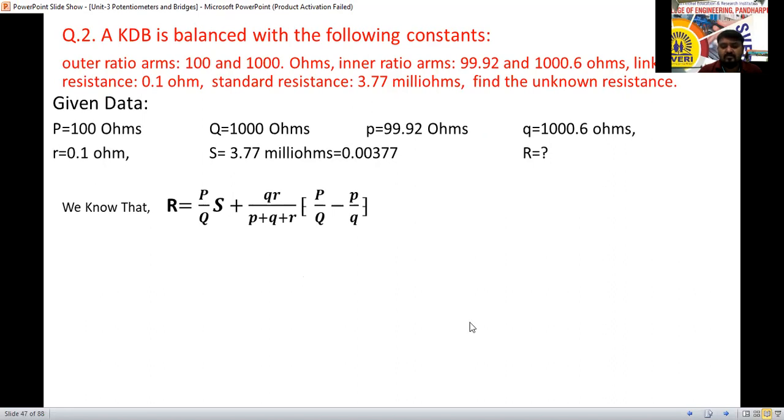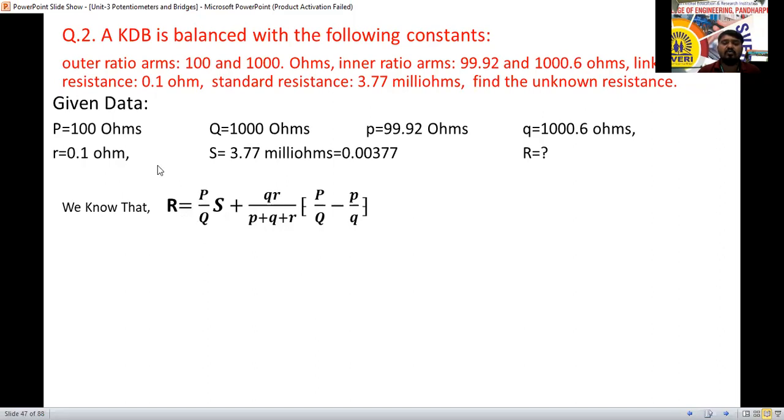Has anyone calculated? Calculation is over? Any one person? If anyone has done the calculation, then tell me the answer. Nothing to worry, it may be correct or wrong. Just substitute here.